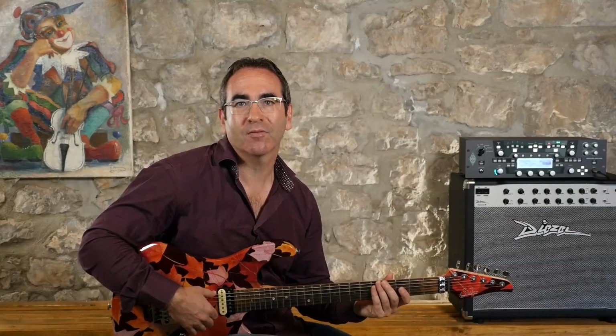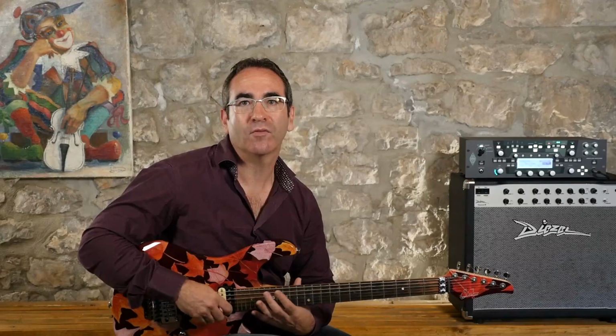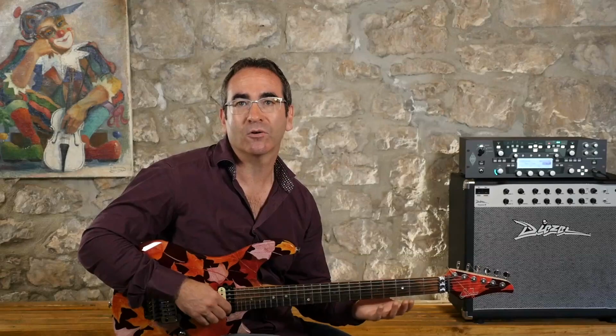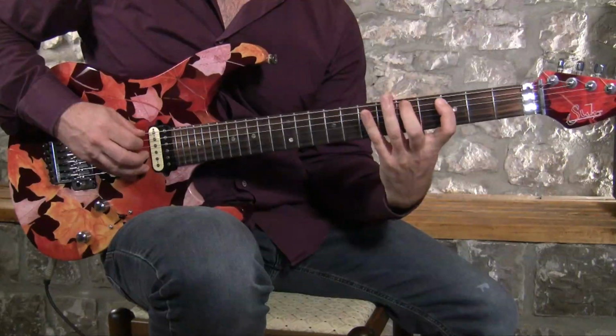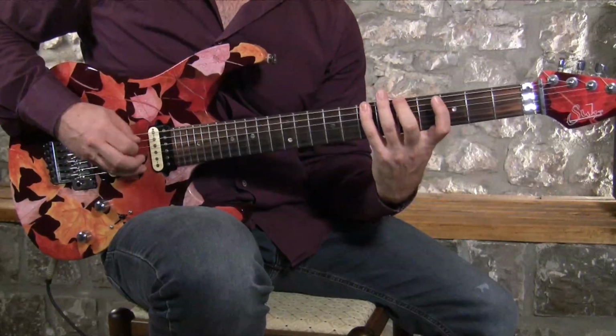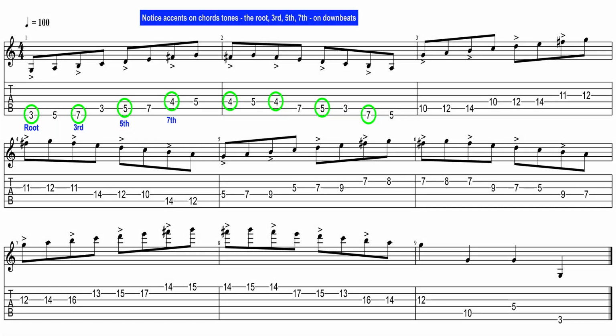Okay, so now we're going to get to the exercise finally, where you're going to combine some of those shapes and try to play them fluidly by shifting positions and still keeping good time. And like I said earlier, you can reinforce those chord tones. So here's the tablature for the exercise, and you see here you'll be playing 4 different versions of that G major scale, all as eighth notes.